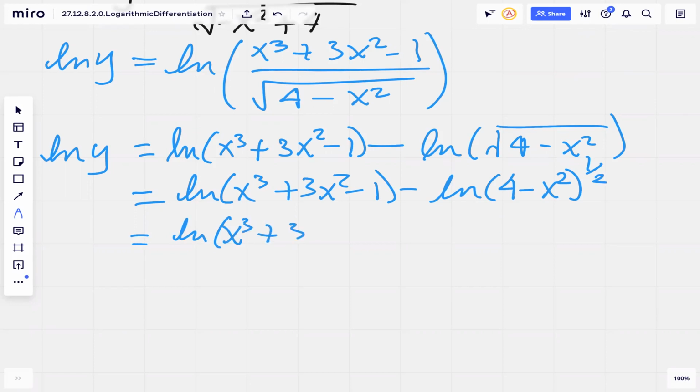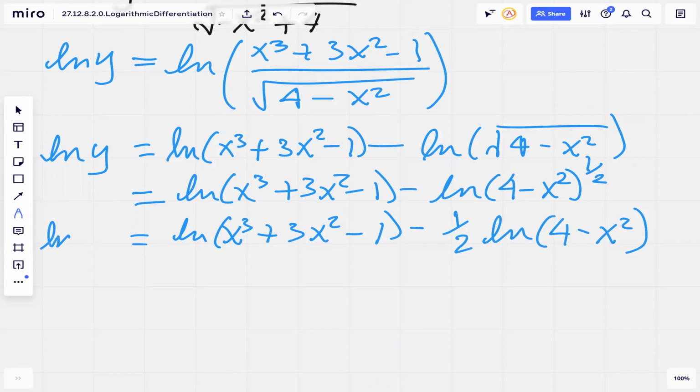Just copy this out because it doesn't change. And then again, using the rules of logarithms, we can bring that 1/2 down and multiply. We have 1/2 times ln of 4 minus x squared. We haven't taken the derivative yet, but it looks like it could be a lot easier.